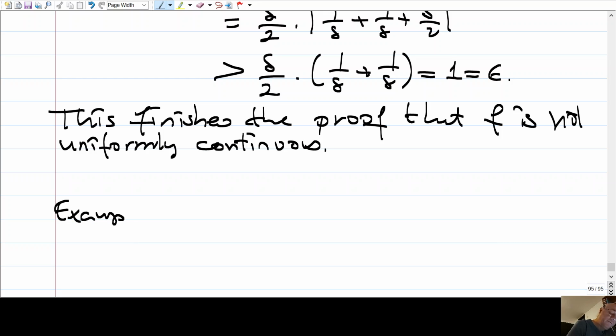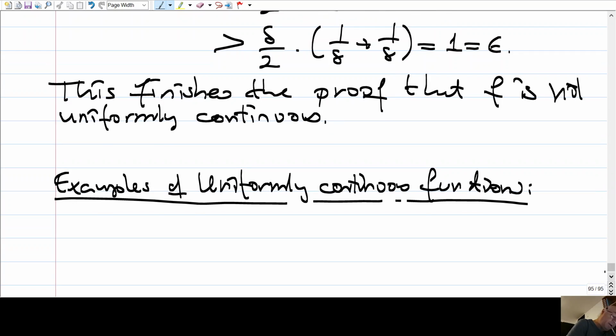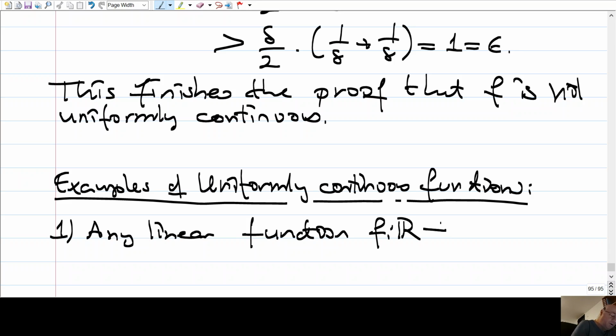Examples of uniformly continuous functions: for example, any linear function f from R to R is uniformly continuous.